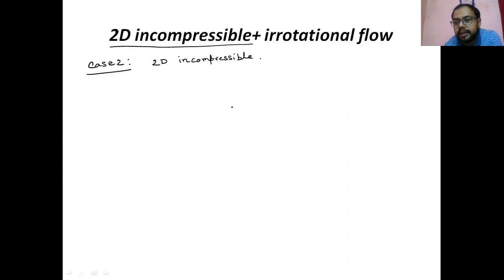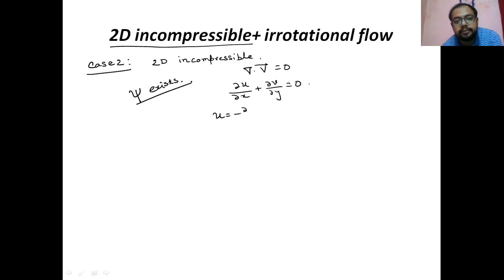Two-dimensional incompressible means it is valid for divergence of v equal to 0. So we simply write du dx plus dv dy is equal to 0. That is the first equation. It is telling that psi exists because it is two-dimensional incompressible. So u is equal to del psi del y, v is equal to minus del psi del x.